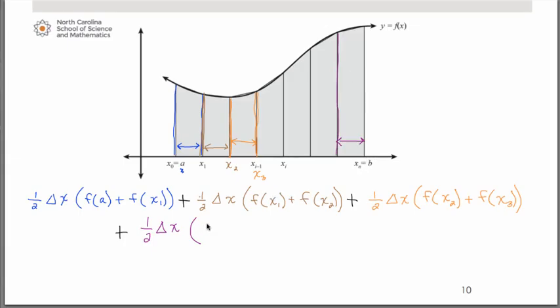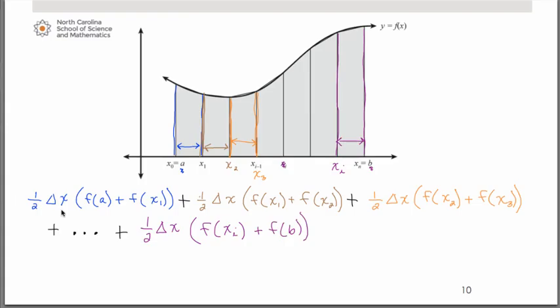Let's refer to that as, maybe we call this one x sub i instead. Plus, and now the bottom base of the final trapezoid is the function value at b. So we would have f of b.